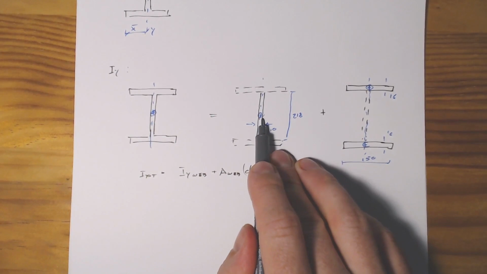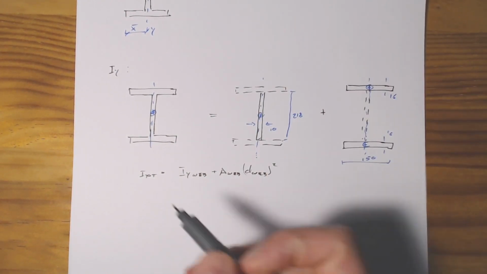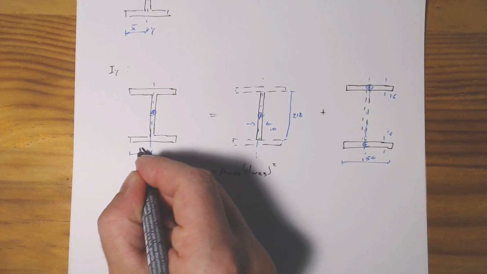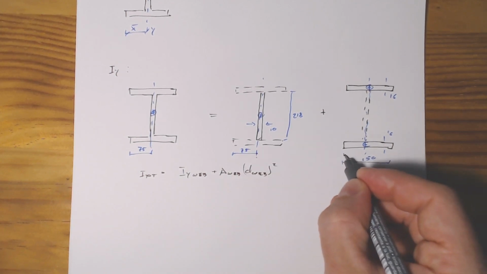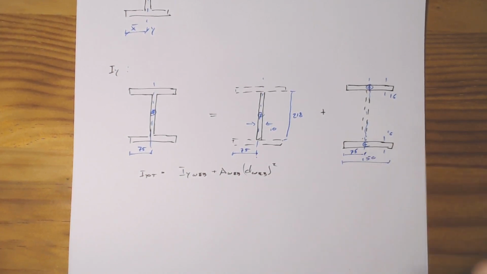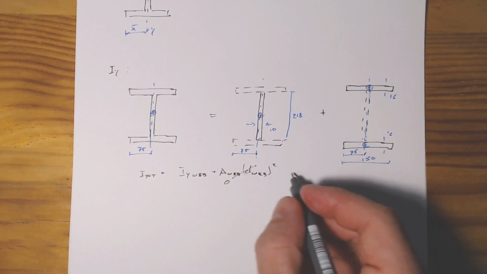Because that distance is exactly at the same location as x bar, we'll just put down 75, 75, 75, just to show explicitly that that's 0. So that's going to go to 0.